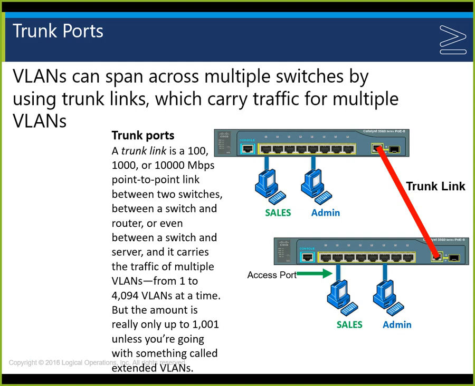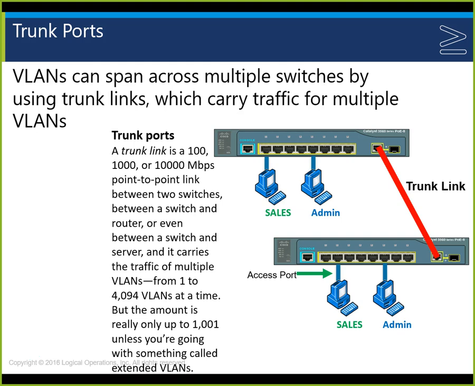Multiple switches, VLANs, trunk ports. In all of those, whatever the speed, we should use the highest speed port as a trunk port for the multi-links, the links between these things.